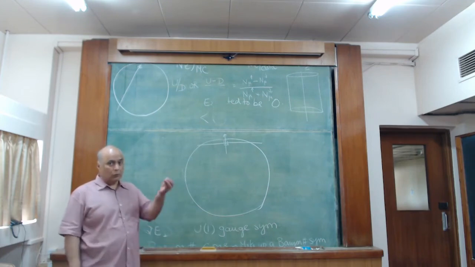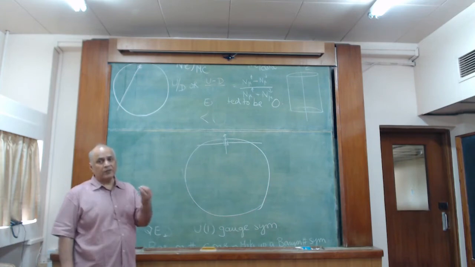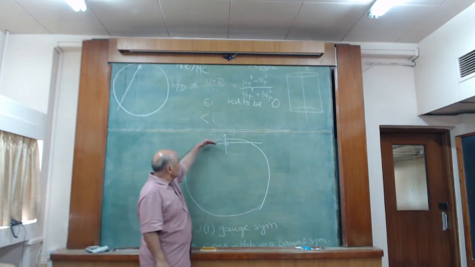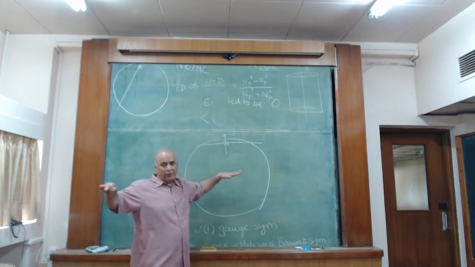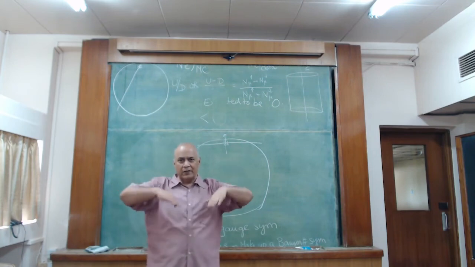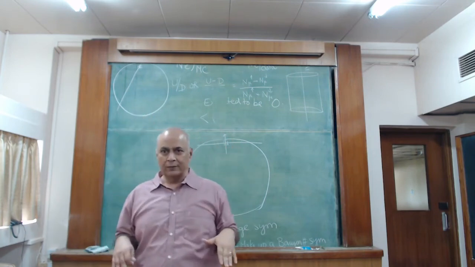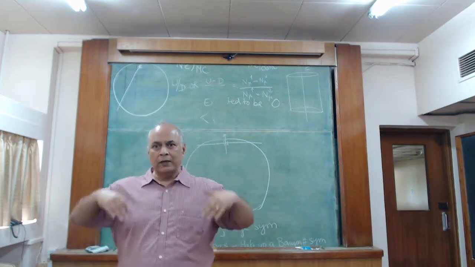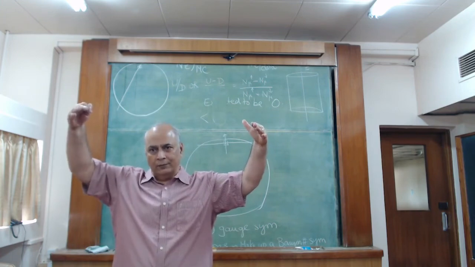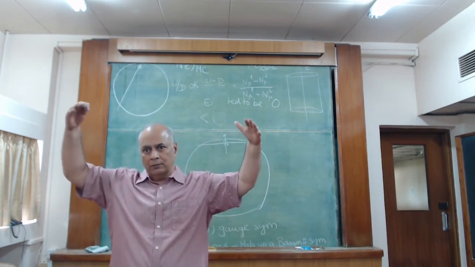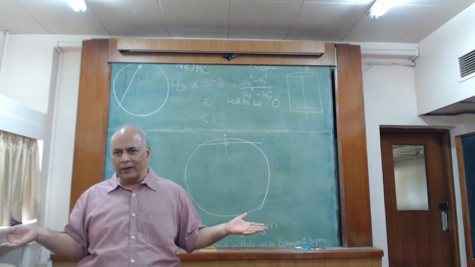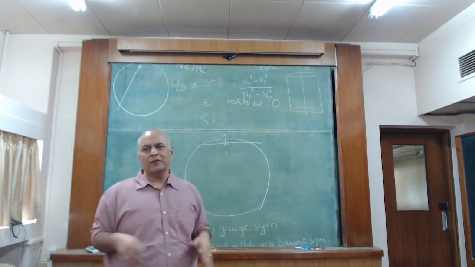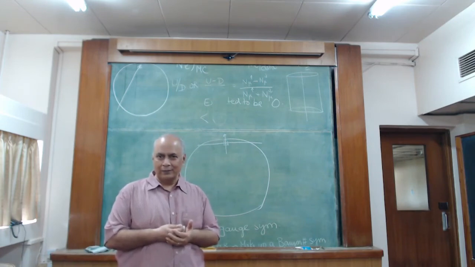Now, you look at things from the point of view of the center of the detector. The equatorial plane divides the space into two equal halves, and the upper half subtends a solid angle 2 pi, and the lower half subtends a solid angle 2 pi.